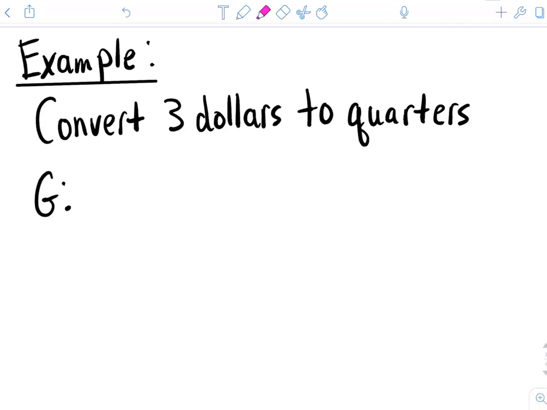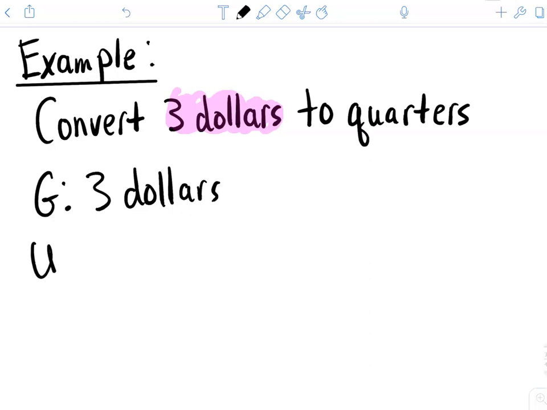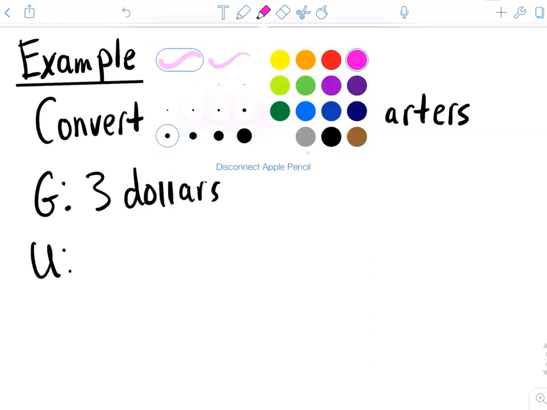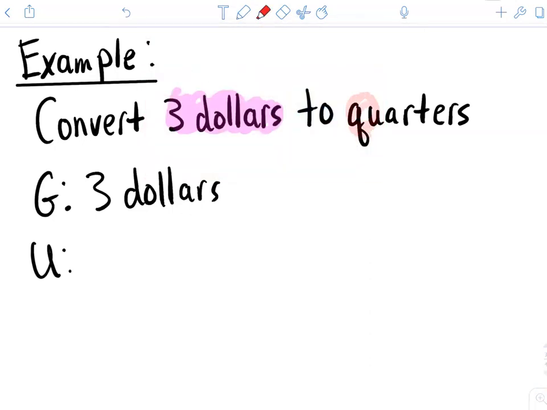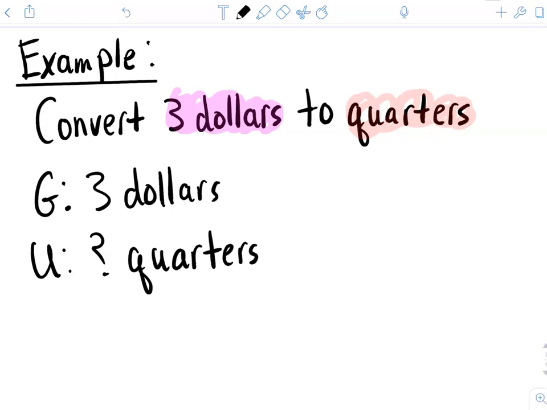In this case, we are given our $3. Our unknown, or the thing that we're trying to get to, is going to be quarters. Now, we don't necessarily know the number of quarters yet. We just know that our unit, or the thing we're trying to get to, is quarters.